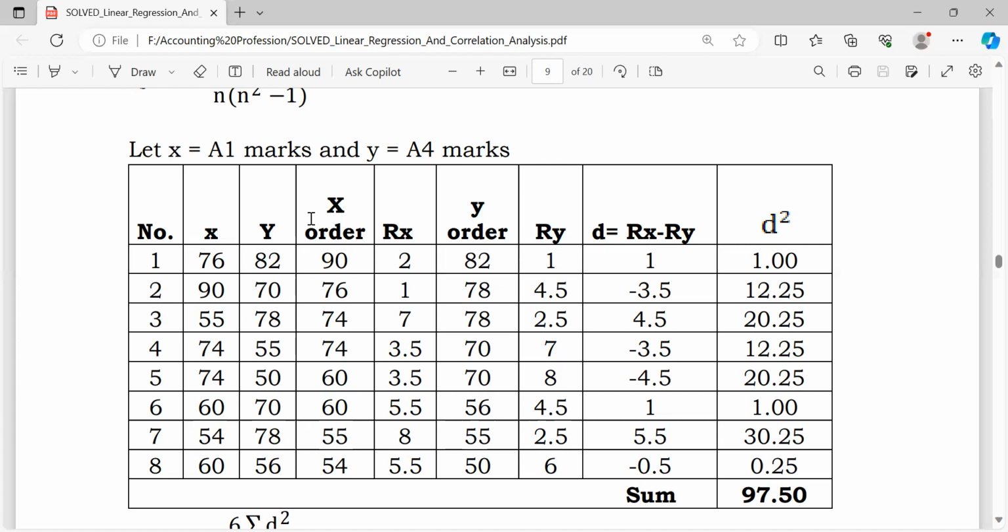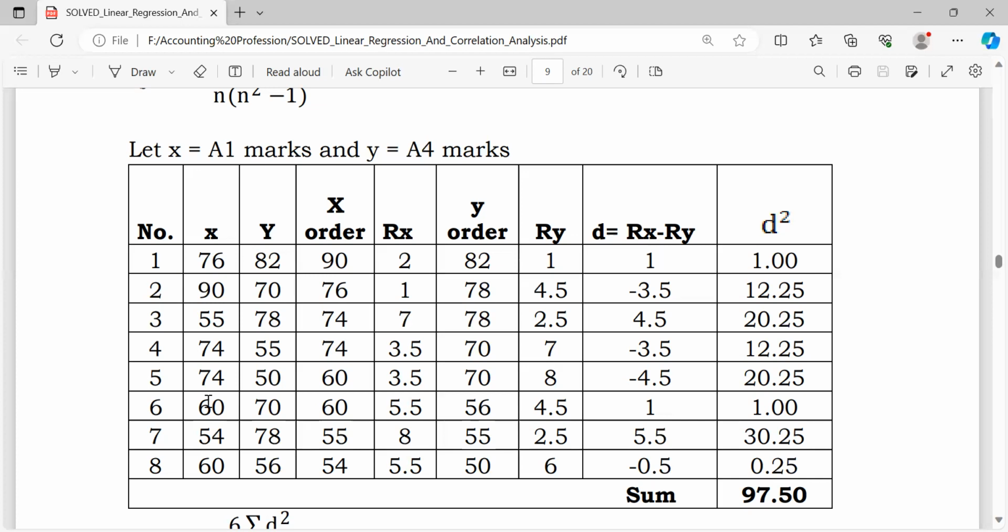We just start. You have 90 here, you have 76, you have 74, 74, 60, something like this. At this point, if you take a look here, you find out that this 90 is here and this 76 is here. Now, this is just the order.